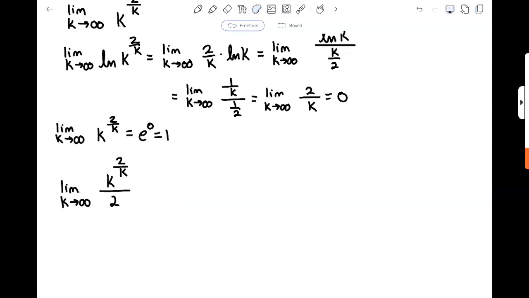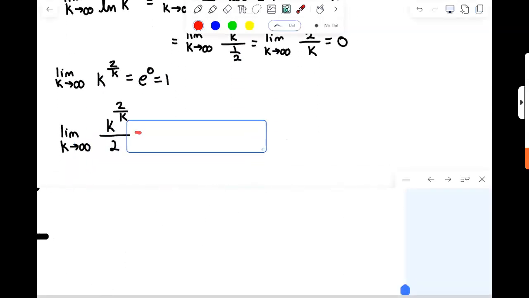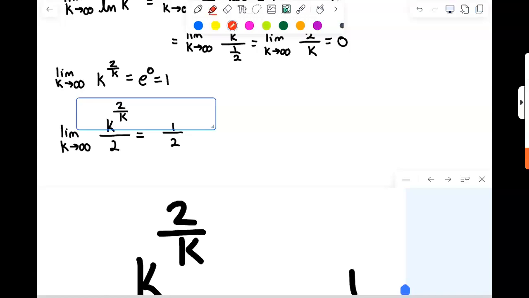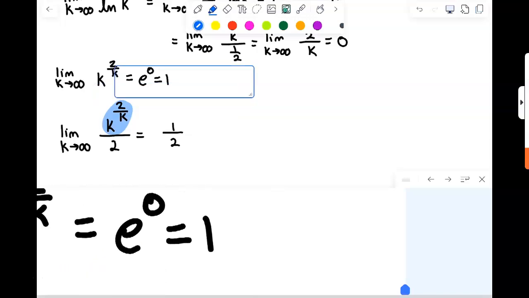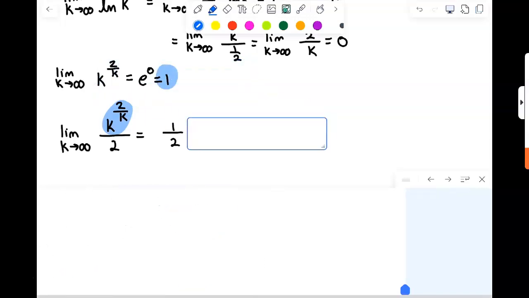Well, k to the 2 over k goes to 1. And so therefore, this would be 1 over 2, because this limit is going to 1. And so the limit is 1/2.